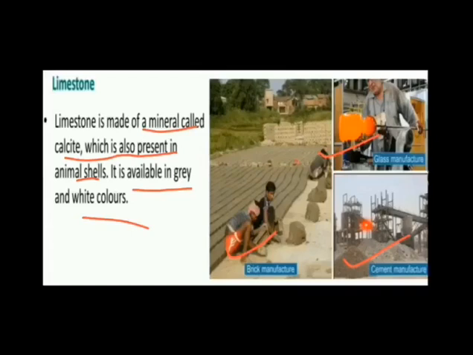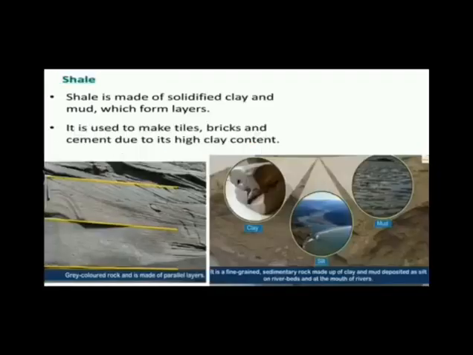Now the next type of sedimentary rock is shale. Shale is made of solidified clay and mud which form layers, and it is used for making tiles, bricks and cement due to its high clay content.